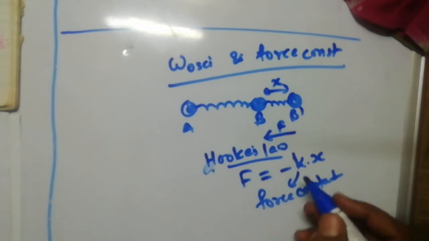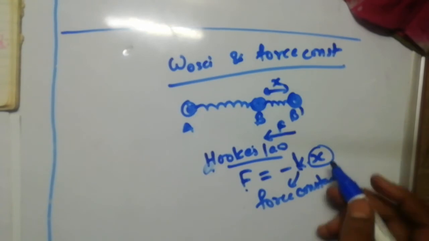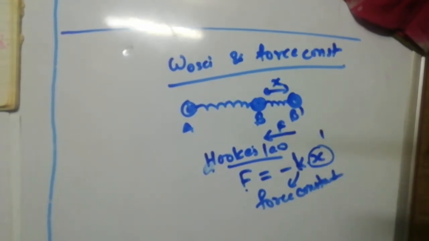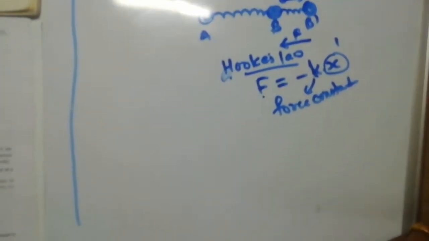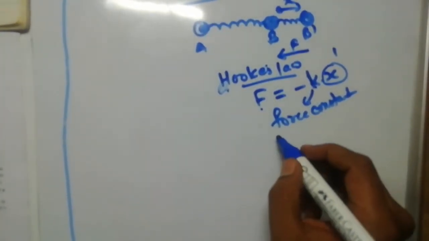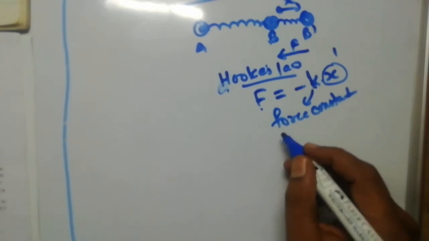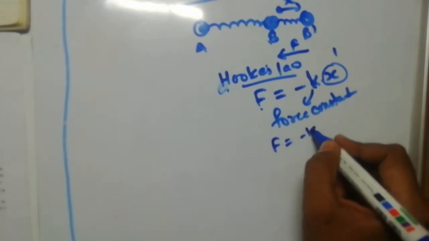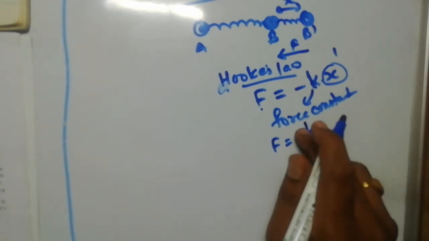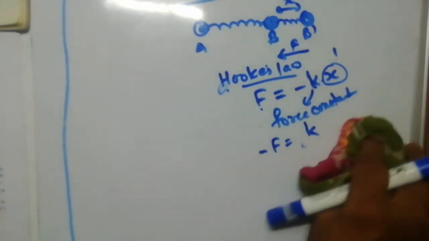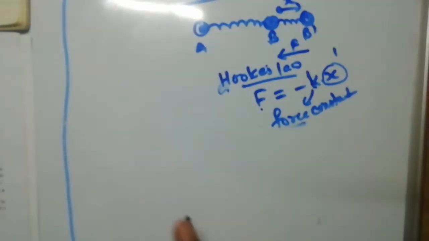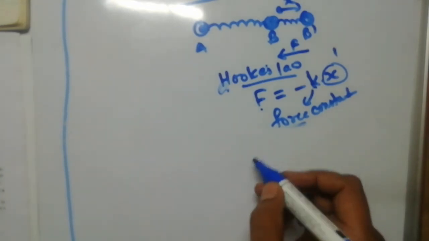And how can you define the force constant? Force constant can be defined in terms of force if you convert this x into 1. When x is equal to 1, F is equal to minus k, or k is equal to minus F. So you can define it like that.